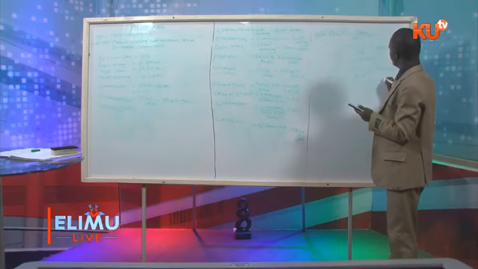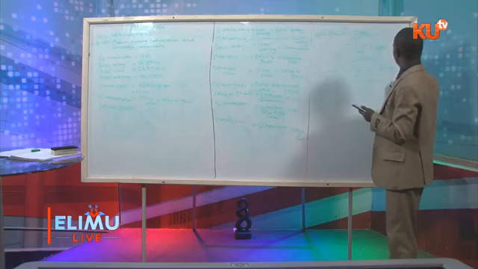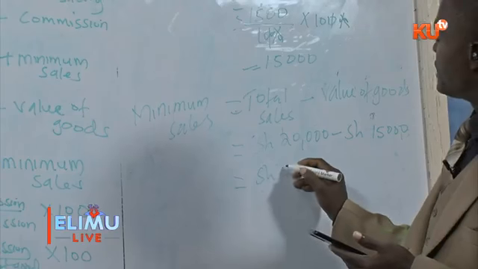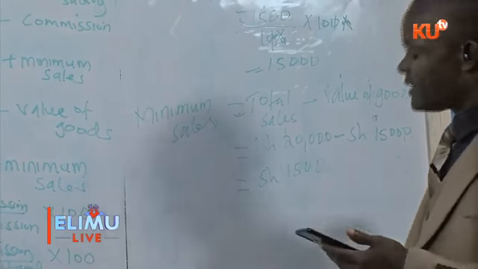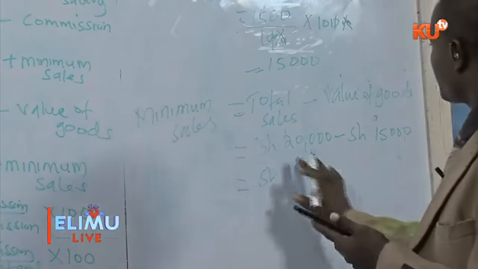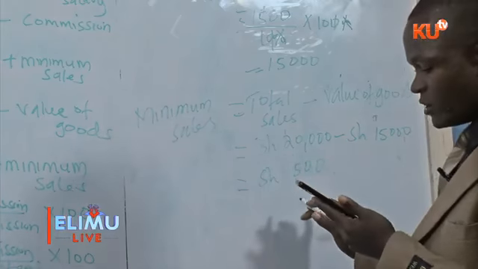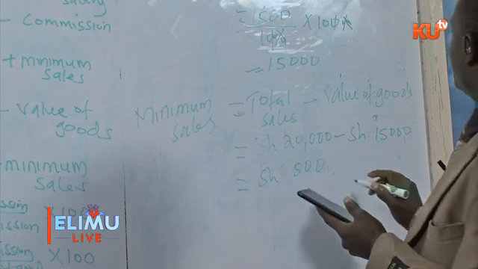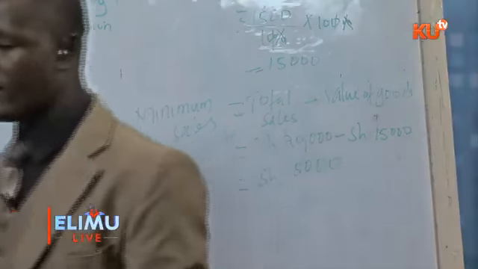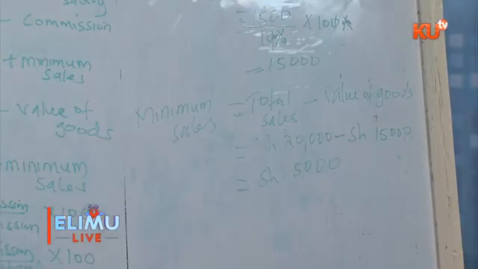Then we subtract the value of goods, which is 15,000. When you subtract, 20,000 minus this should be 5,000. So the 5,000 is the minimum sales above which he's supposed to get commission.